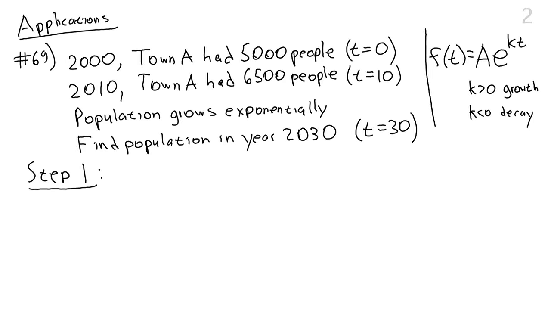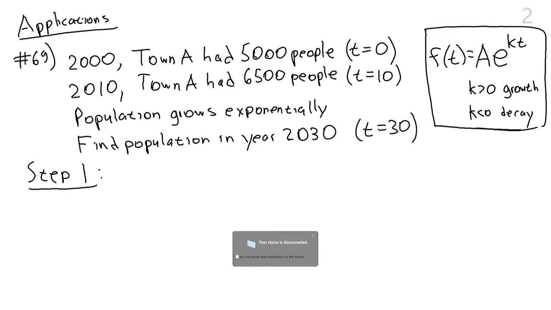So in the case of population here, we have a growth situation. Whenever we have money accruing in a bank account, that's also a growth. Whenever k is negative, like in radioactive decay, that is a decay situation. So step 1 is to find that k.